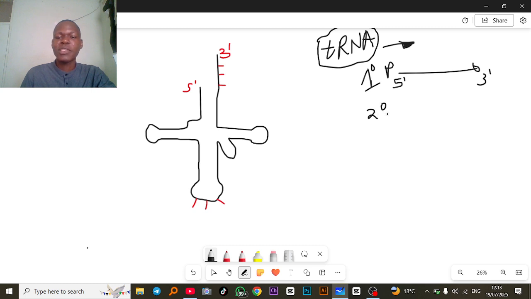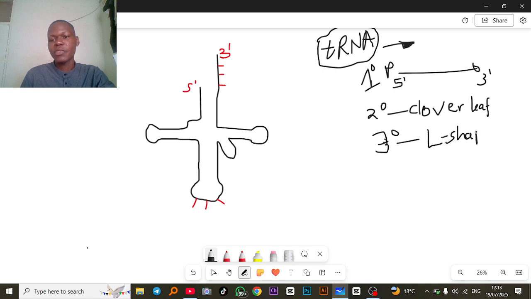So secondary structure is a clover leaf, whereas it can also form a tertiary structure, which we're going to look at briefly. Tertiary structure is L-shaped.